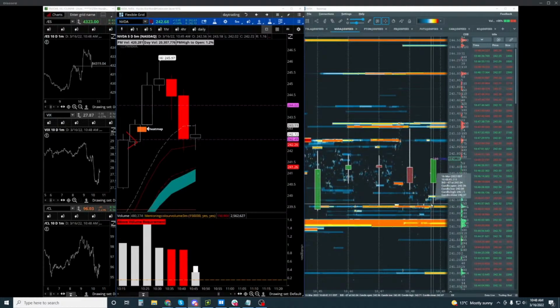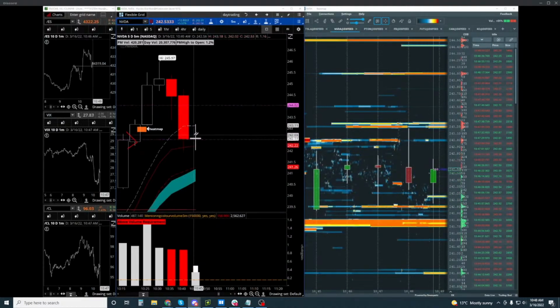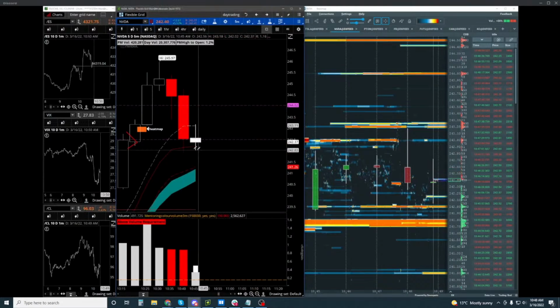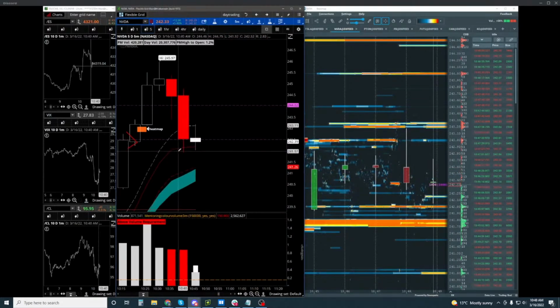Another bounce from a liquidity, the 242. So we have some bars at that level. We're talking about this dip over here.